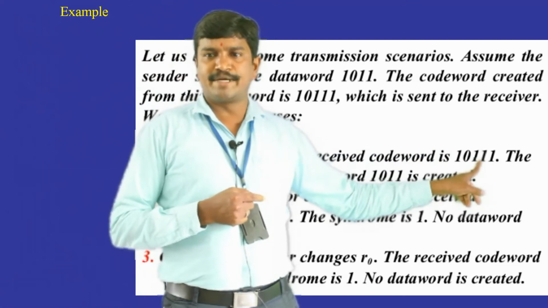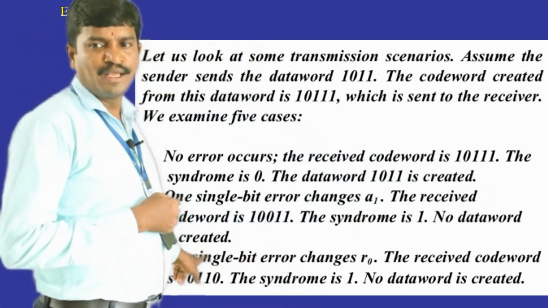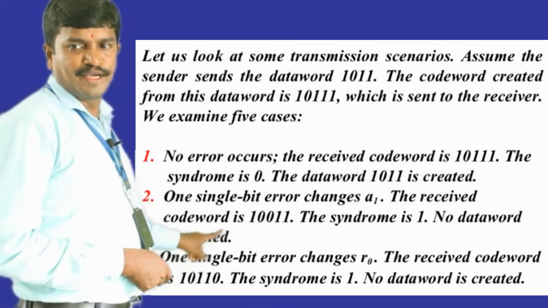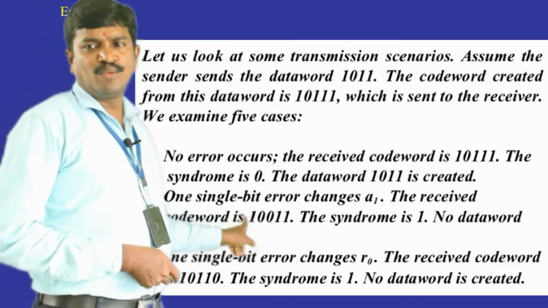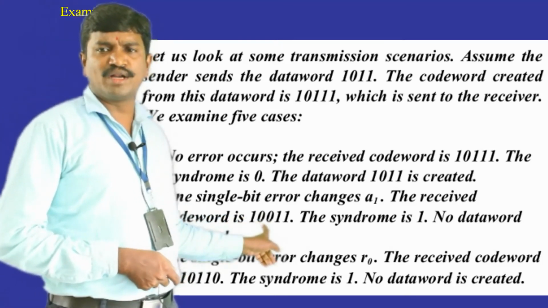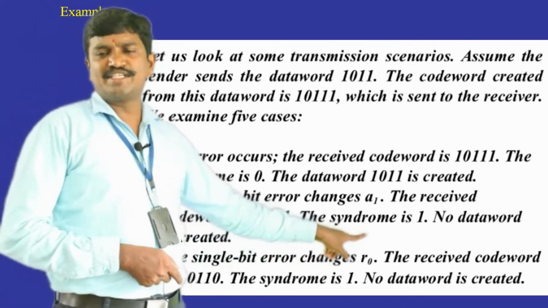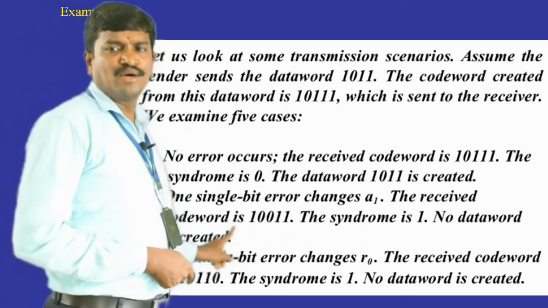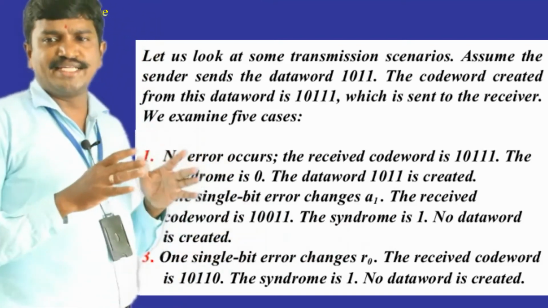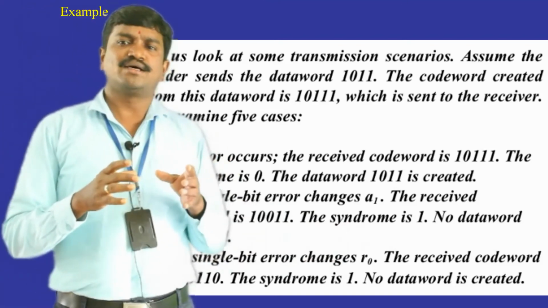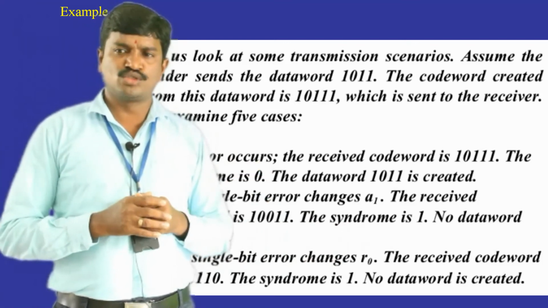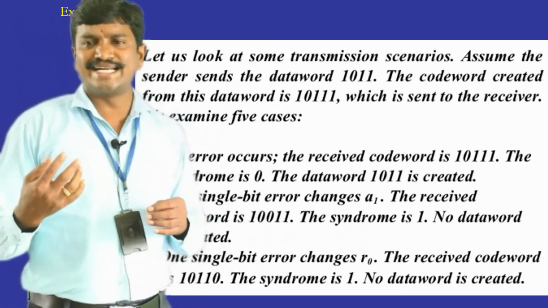So this bit is corrupted to 0, and it becomes 10011. Now when you have a code word with an odd number of ones, the syndrome value is 1. When the syndrome value is 1, no data word is created, because when the syndrome value is non-zero, we simply reject it. That's the reason no data word is created at the receiver.